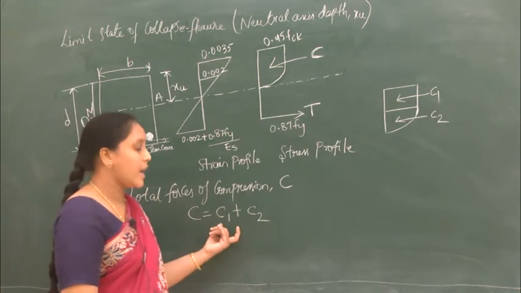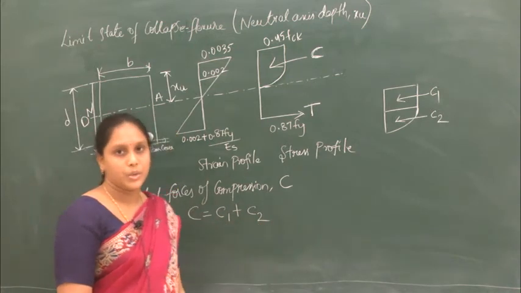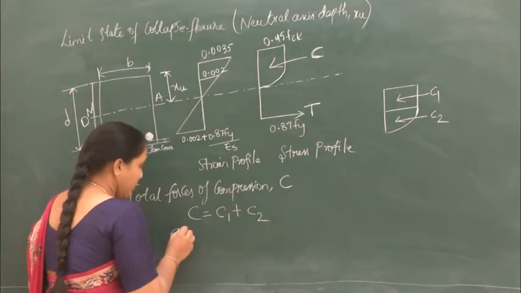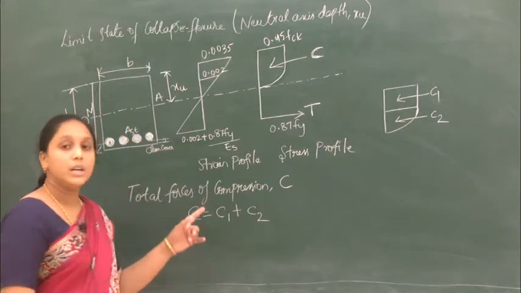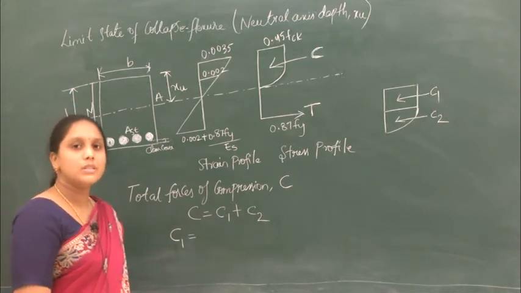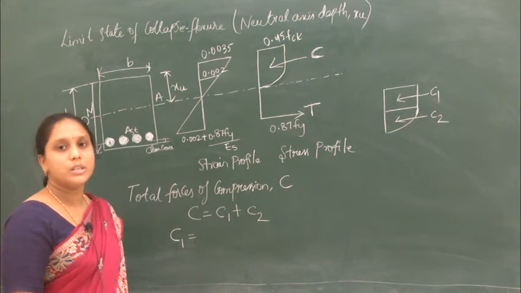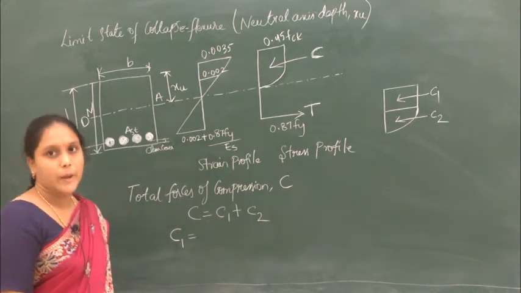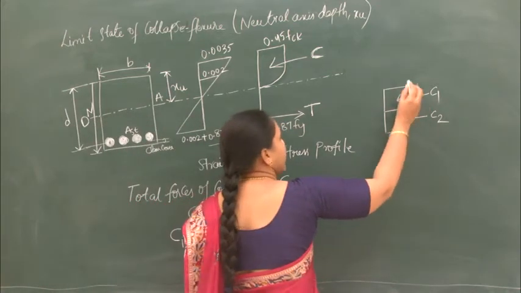Now let us find out the forces C1 and C2. First, let us find the compressive force C1 for the rectangular part. Force is stress into area. Stress is already known. The design stress is 0.45 fck, into the area of this rectangular part.